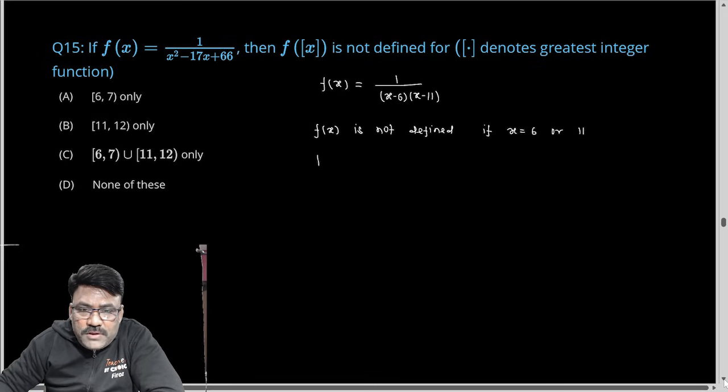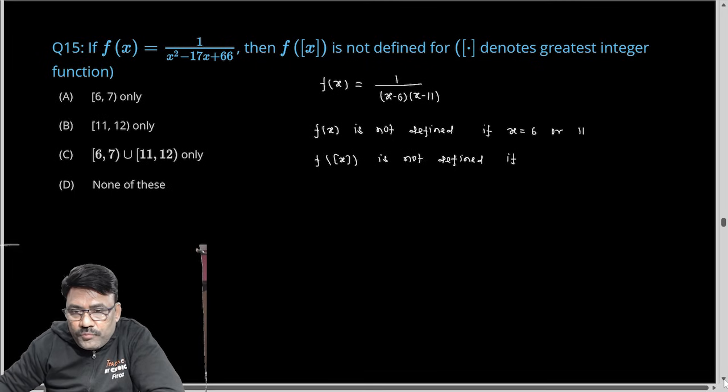So hence if I replace x with integral part of x here, f of integral part of x is not defined if integral part of x is 6 or integral part of x is 11. Integral part of x is 6 means x lies between 6 and 7.